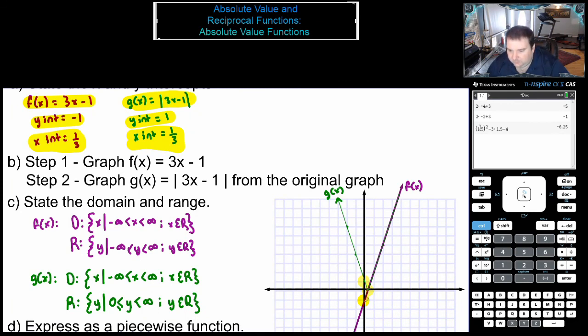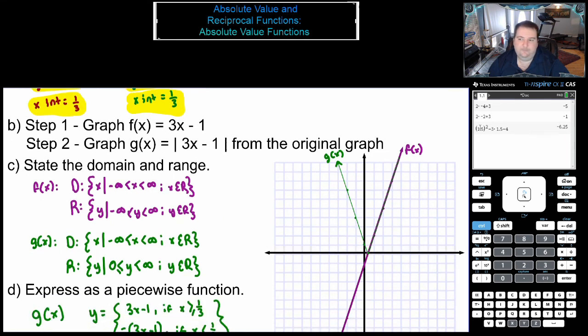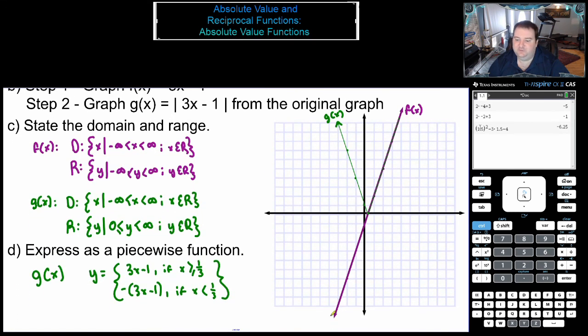So on our normal function, if this is our y-intercept and we go up 1, 2, 3 and over 1, we'll find this point, and then here, and so on, and another point there. And you can use these points to graph your line 3x minus 1, which is this purple one. This is 3x minus 1.